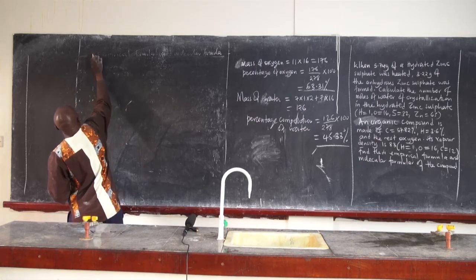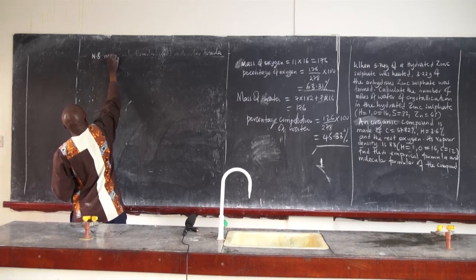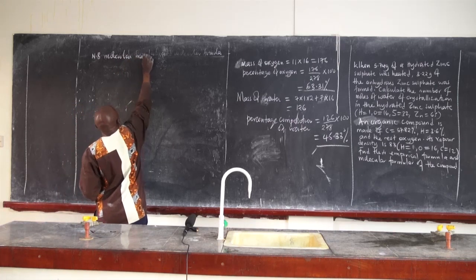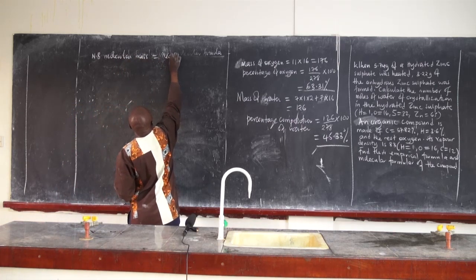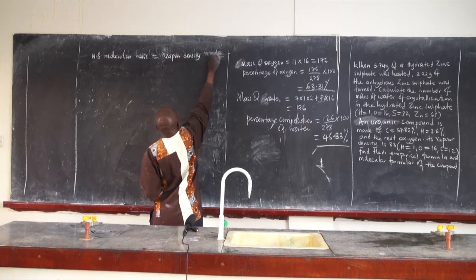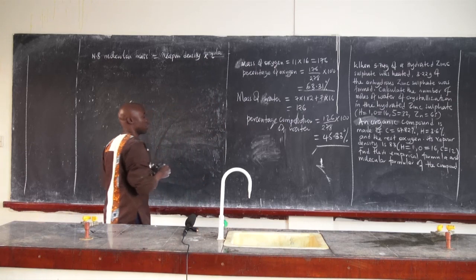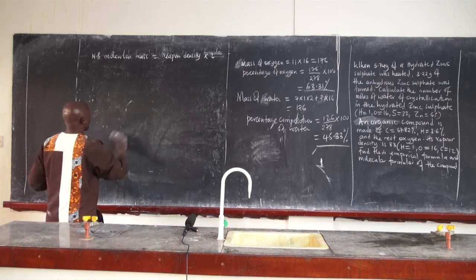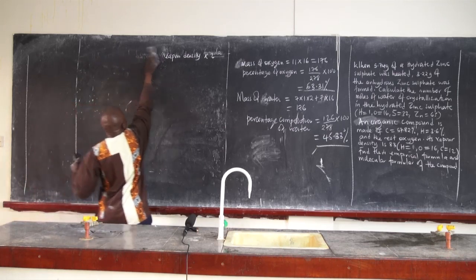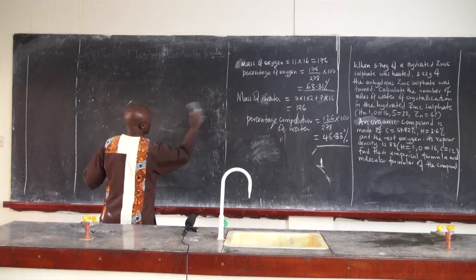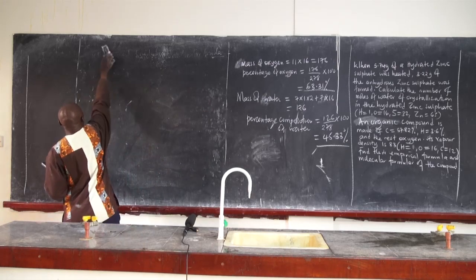Sometimes they can give you vapor density, and molecular mass is vapor density times 2. So have that in mind first as we move on. Let's now look at the very first example.